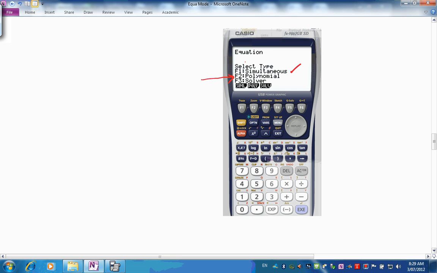Now I don't know whether you realise poly in English means many, usually from the Latin, and nomial is something to do with number. So we've got many numbers in this equation. What does that mean? Well, in this case it means many powers in an equation. Have you ever seen many powers in a mathematical expression or equation?